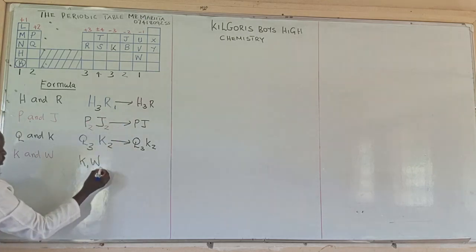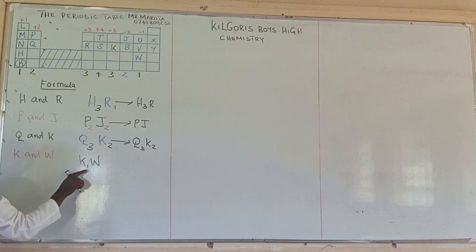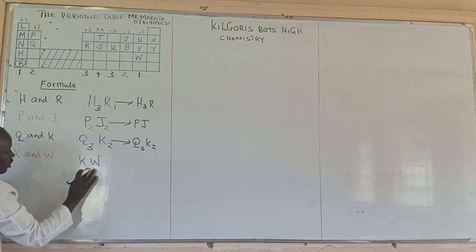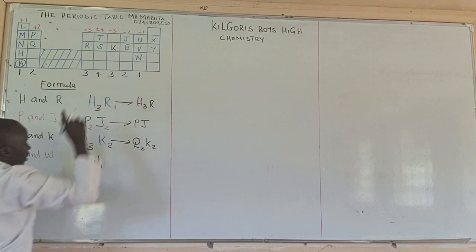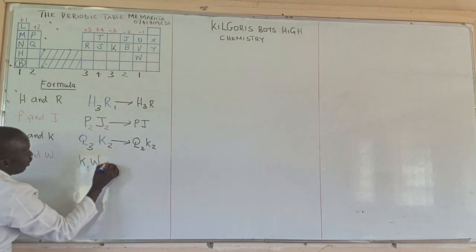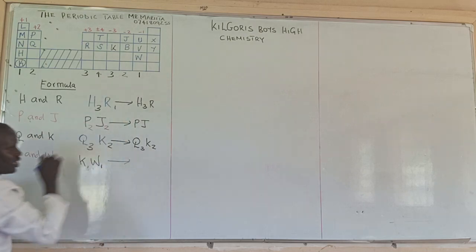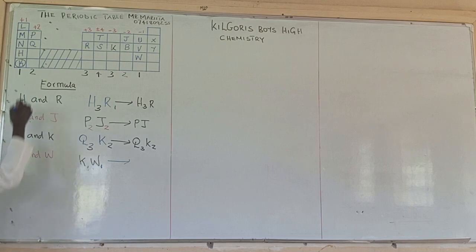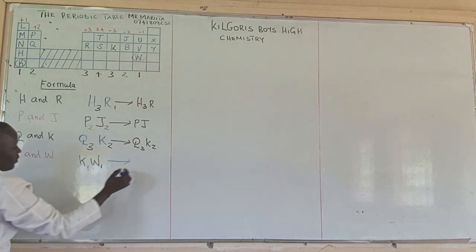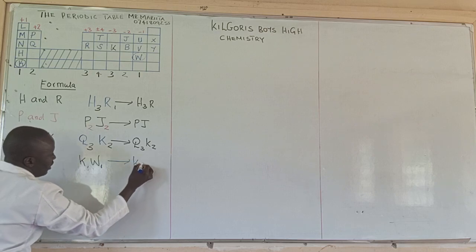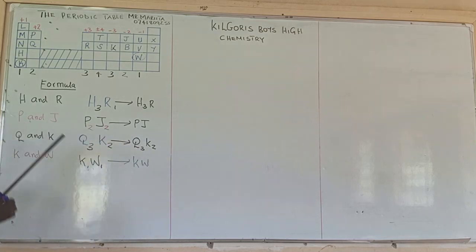W also has number 1, so this number 1 must be here. So we bring that number there. Then W has number 1 down here, we bring that 1 here. So the formula of the compound formed between this K and this W is K, then we have W. That is the simplest way of writing the formula of the compound.